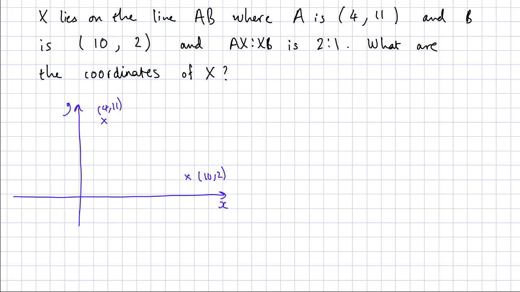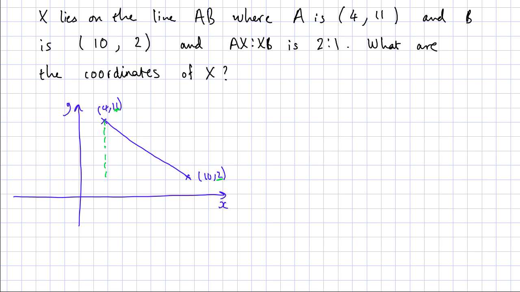And now again, what I will do is draw a line and see what these lengths are. So let me draw the line AB first. So that's AB. Now let's see what the difference in the y values is. The y value here is 11 and it goes down to 2.